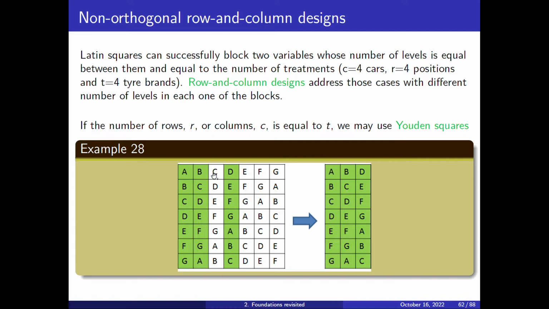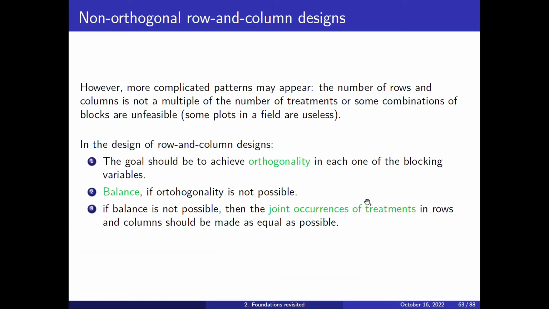Okay, so let's say that one of the blocking variables is equal to t, but the other one is not. So you would start by designing a Latin square of the size of t, and then you choose 3 columns. You have to choose wisely. It is not that it doesn't matter which ones, especially because we want the design to be balanced.